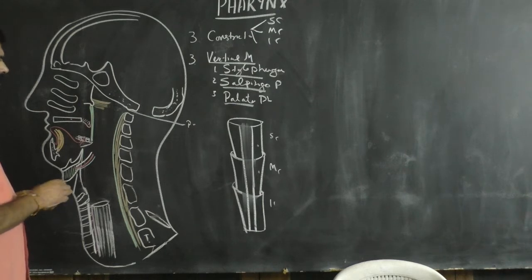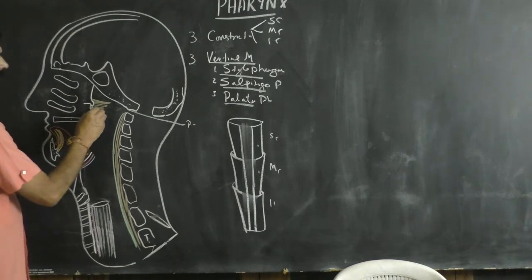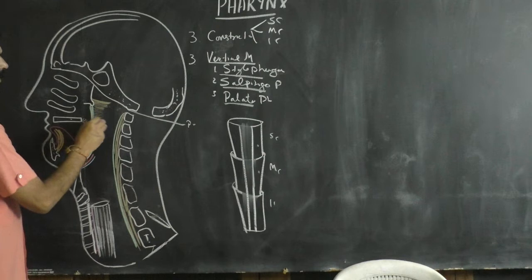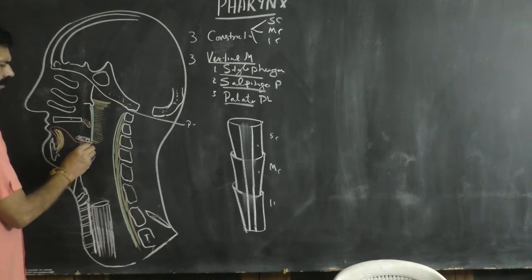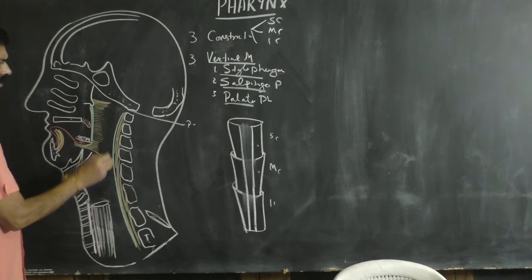So this superior constrictor muscle takes origin from the entire length of the pterygomandibular raphe, plus the posterior part of the mylohyoid line, and some fibers from the lateral surface of the tongue also. So this becomes a fan-shaped muscle.